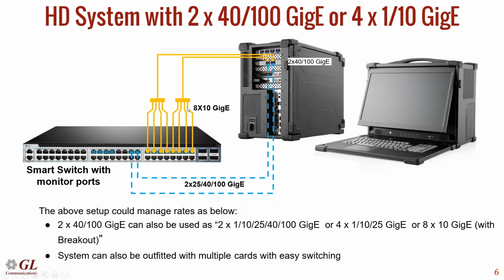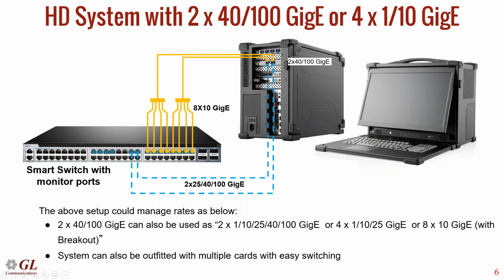Again, these cables here are called breakout cables. So it can basically aggregate all of the different traffic from multiple monitor ports and feed them into one or two higher speed network interface card ports. And again, we can put multiple network interface cards on the PacketScan HD.